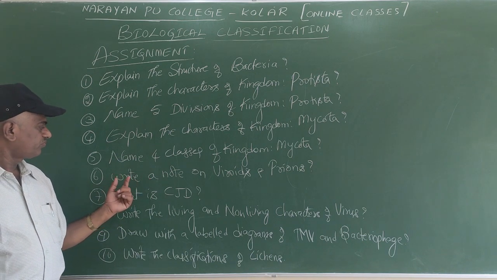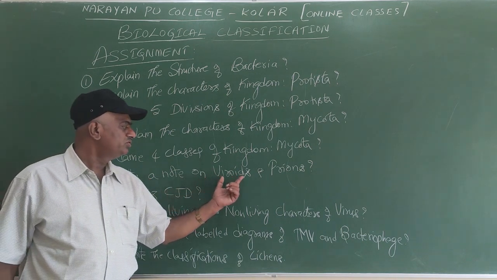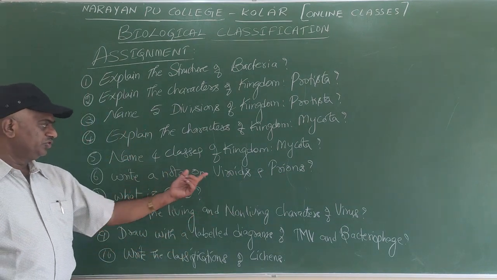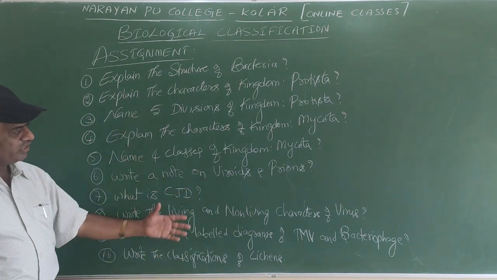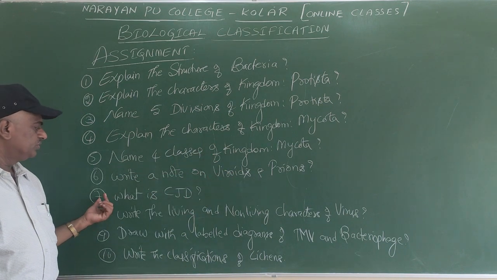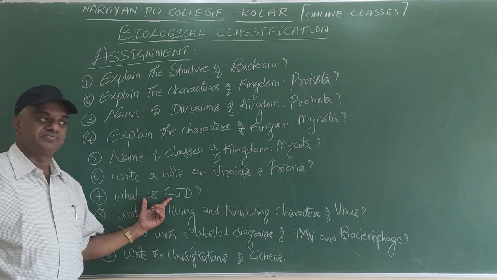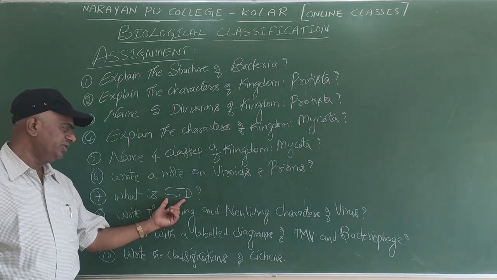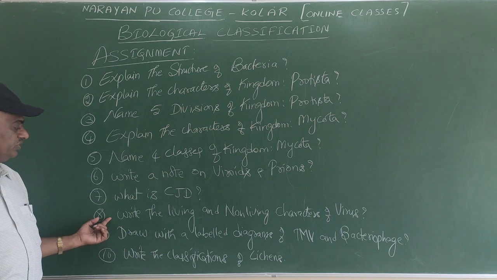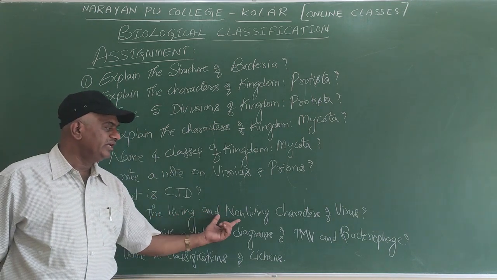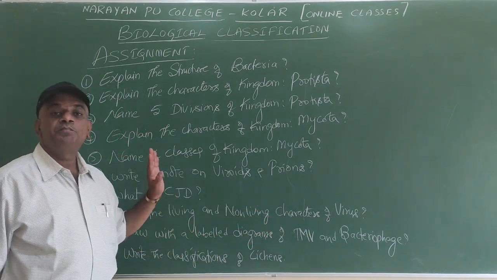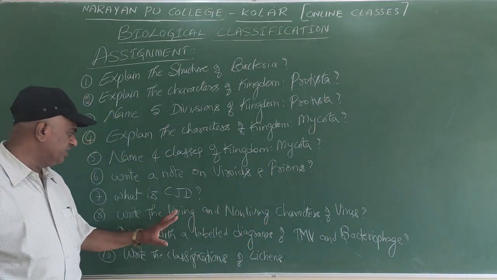Next, write a note on viroids and prions: what are viroids, what are prions, and what diseases are caused. Next, what is CJD? You are going to explain and write a note on it. Next, write the living and non-living characters of virus. The living and non-living properties of the virus should be mentioned.